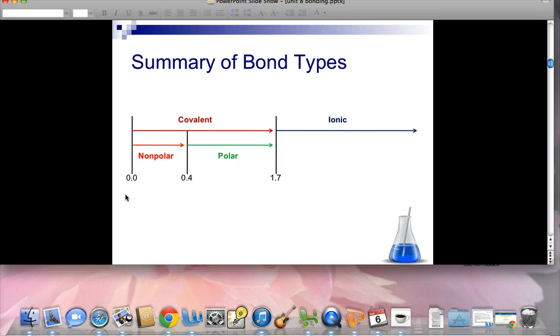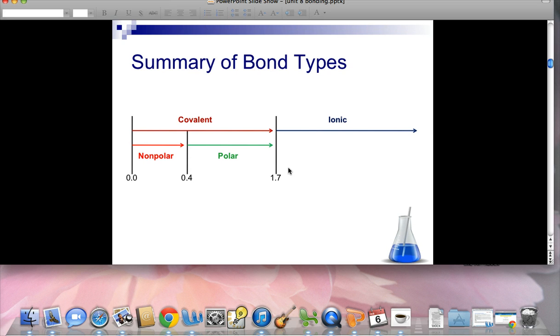So in summary, when we're looking at the electronegativity difference for a covalent bond, if the difference is between 0 and 0.4, we would have a nonpolar covalent bond. When the difference is between 0.4 and 1.7, we would have a polar covalent bond.